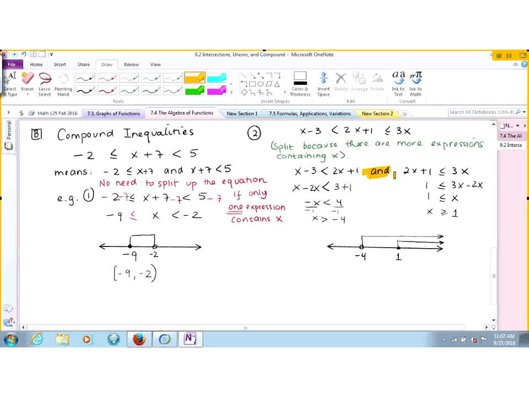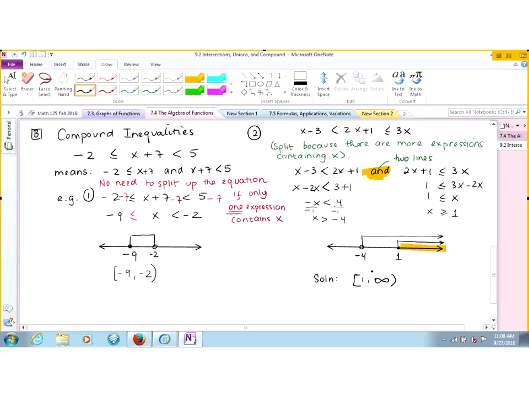Yeah. Now, let's look at n. What does n mean? 2 lines. So, where are the points that contain 2 lines? Yes. So, 2 lines on top, right? So my solution is 1 through infinity.